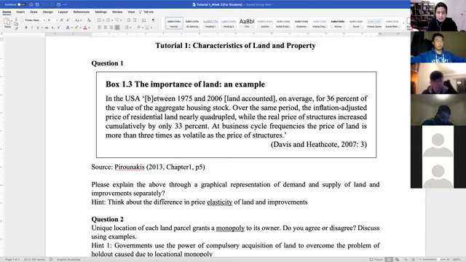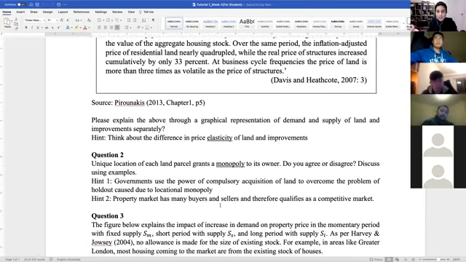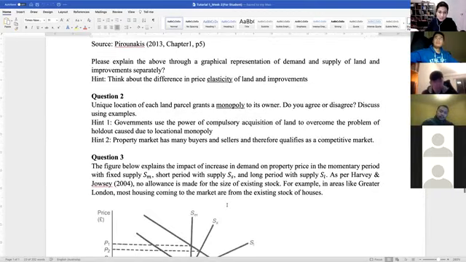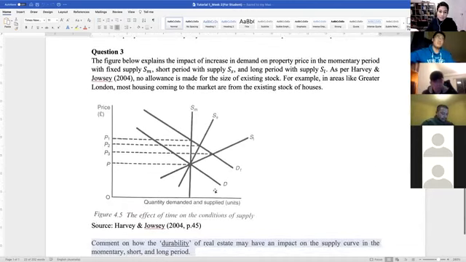Let's say not perfect inelasticity, but imperfect inelasticity of land. The monopoly power attached to the location fixity of the product, land and housing at times, or anything that has location peculiarity and uniqueness. And also the durability of real estate has an impact on the supply curve, unlike other financial assets, or even unlike other capital goods.